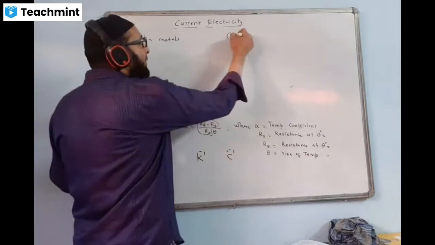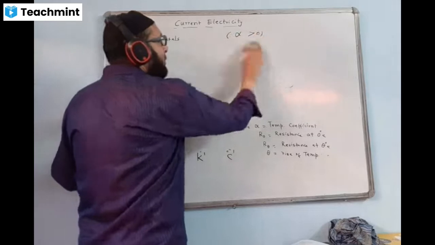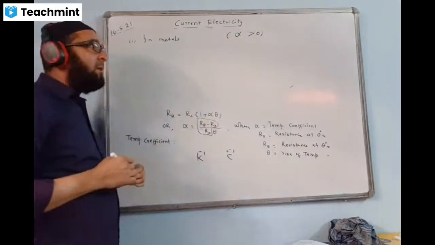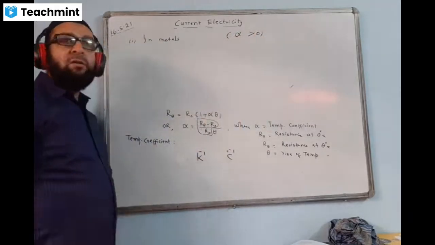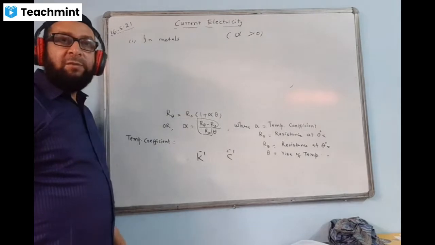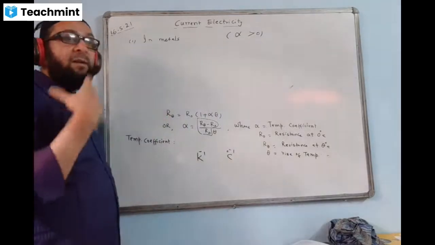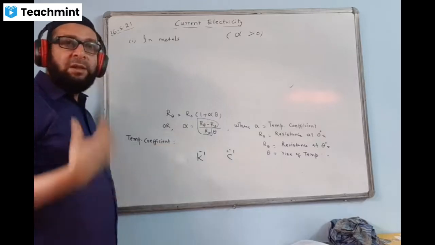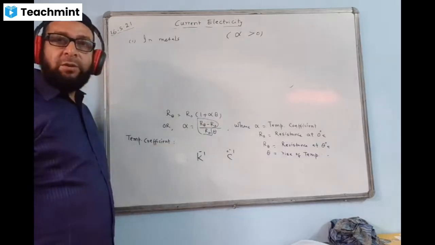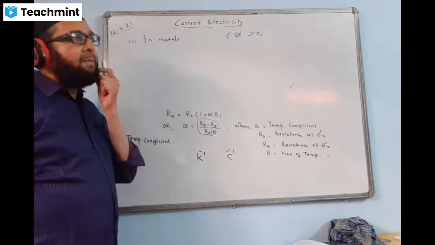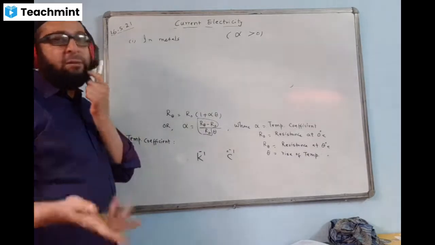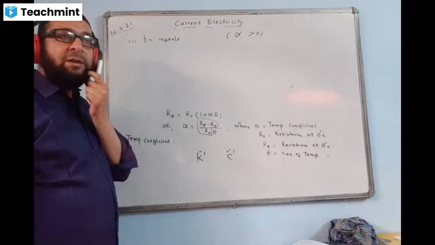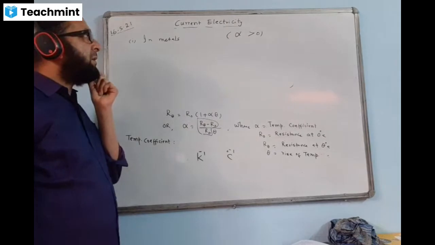And right under, in brackets, alpha value is greater than 0, that means positive. Alpha has a positive value for metals. That means R theta will be more than R0, so resistance will increase with the rise of temperature. This is applicable for any metal like iron, copper, silver. When you increase the temperature, resistance also will increase.